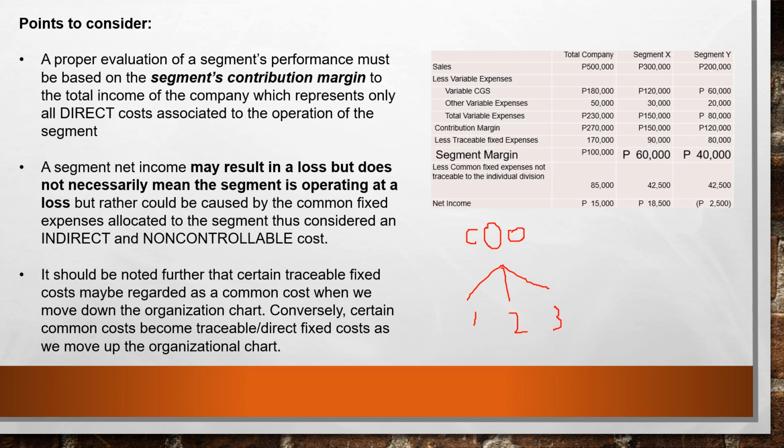That traceable direct cost will now be a common cost under this, because the salary or the mid-year or 15th month bonus of the COO will become a common cost allocated, divided by 3. That's how it works.